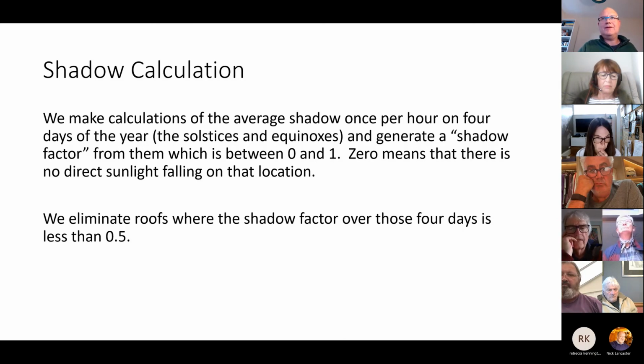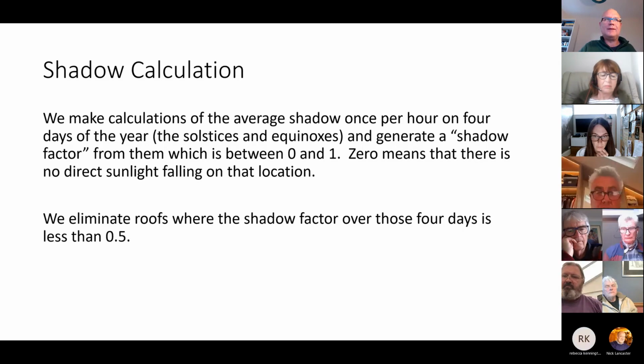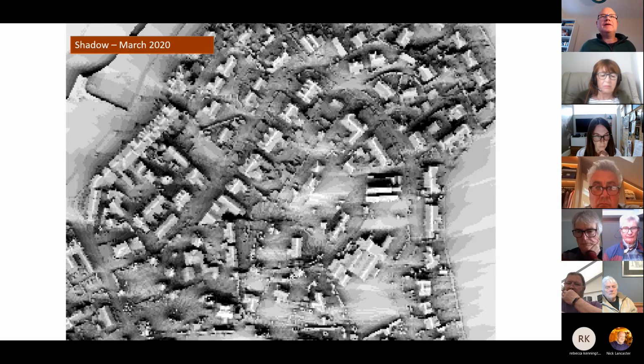And you'll see this visually shortly. 0 means that there's no direct sun on that location, and 1 means that you've got 100% full sunlight all year round. And we eliminate the roofs where the shadow factor over those 4 days comes out to 0.5. So if you look at the shadows in March, we take 2020, but it doesn't really matter which year you do.